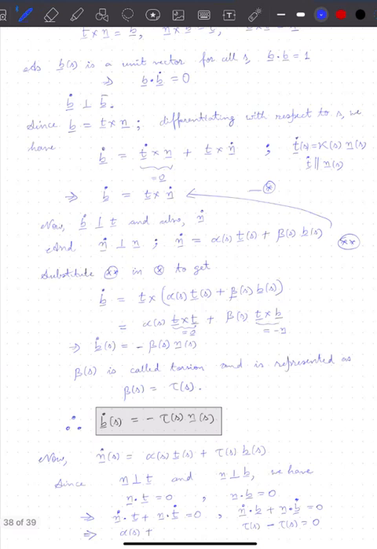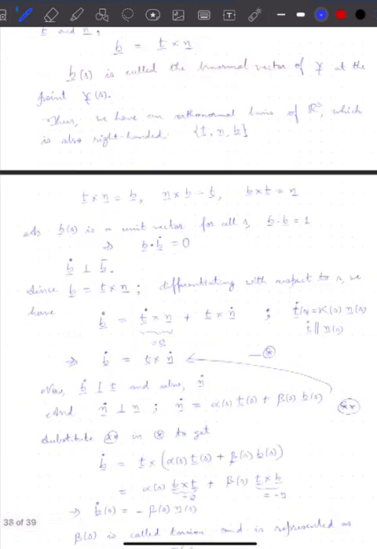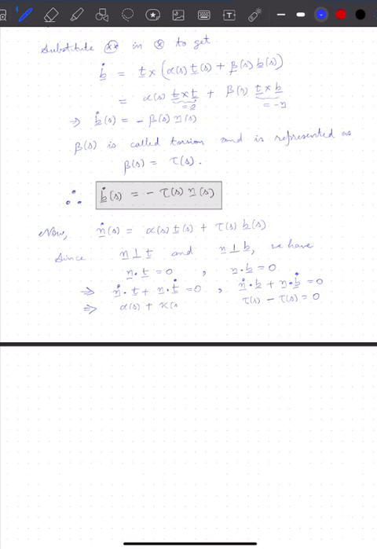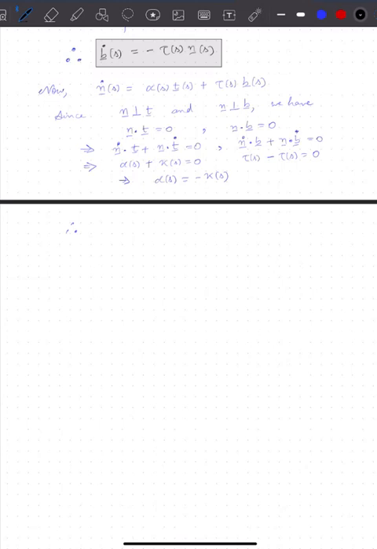Taking the dot product of both sides with N, T dot is equal to kappa of S N, so N dot T dot is equal to kappa of S N dot N. N dot N is just one, so this will just be kappa of S. Which means that alpha of S is equal to minus kappa of S. Therefore N dot of S is equal to minus kappa of S T of S plus tau of S B of S. This is what we are looking at.